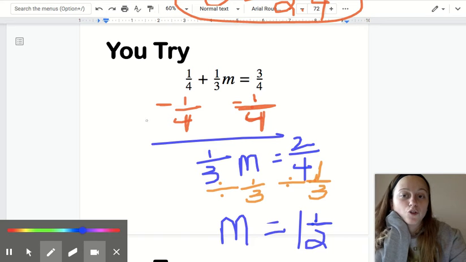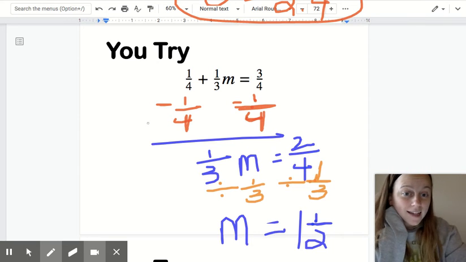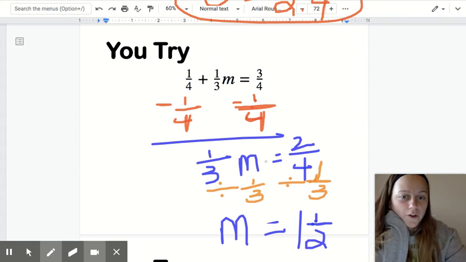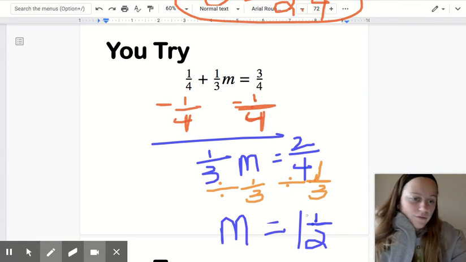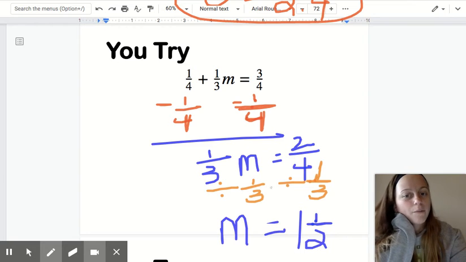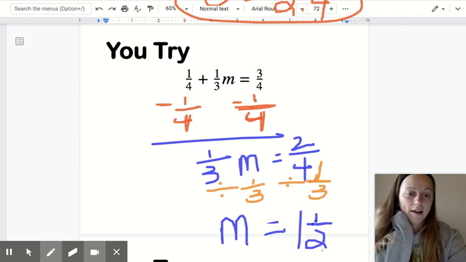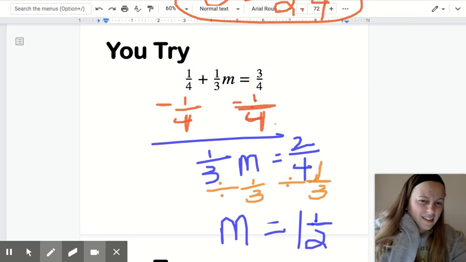All right, so we subtracted 1/4 on both sides. We got 1/3 m equals 2/4. You might have simplified that down to 1/2. Either way, that works. Divide both sides by 1/3. M equals 1 and 1/2. Guys, I typed all that into the calculator. Well, 3/4 minus 1/4, I did in my head to get 2/4.